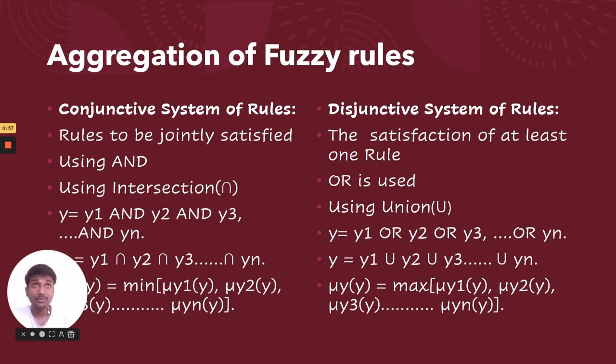If any one of them is true, at least one is true, then it is true. If all are false, then it is false. It is done by union, and we should find the maximum. Okay. Thank you.